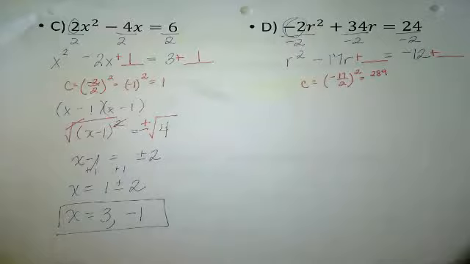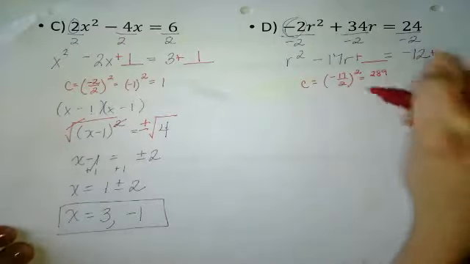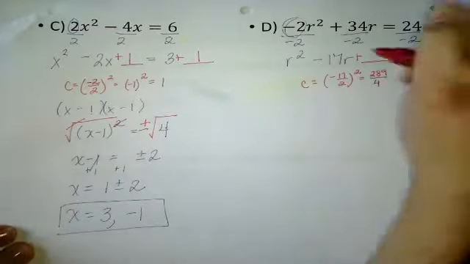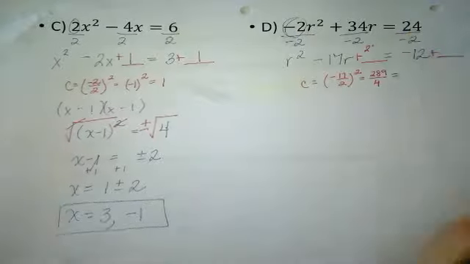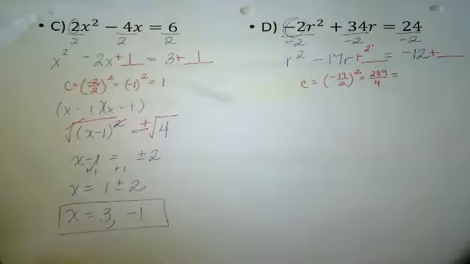So 17 times 17 is positive 289. And then 2 squared is 4. Eek. You know what? I'm just going to write a decimal. I can do that. It's totally fine. 289 divided by 4 is 72.25.